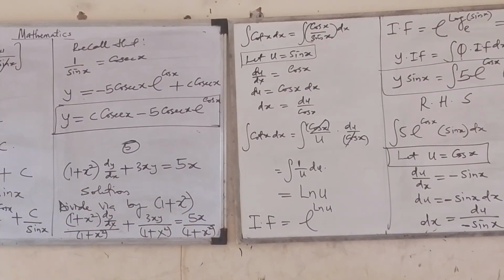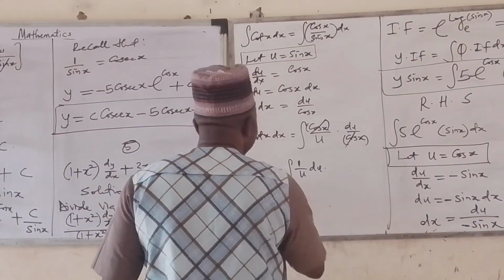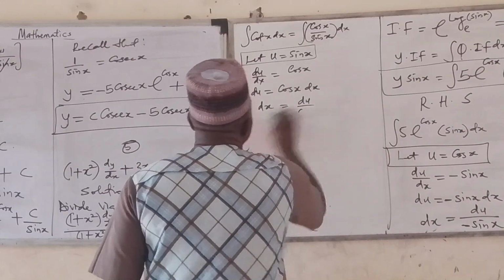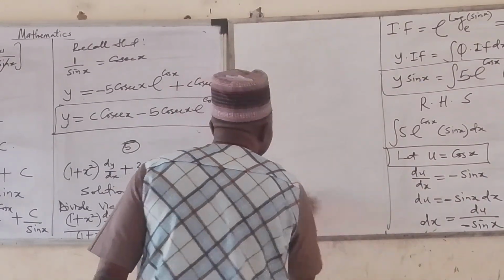Now we have divided all through by the coefficient of dy all over dx.